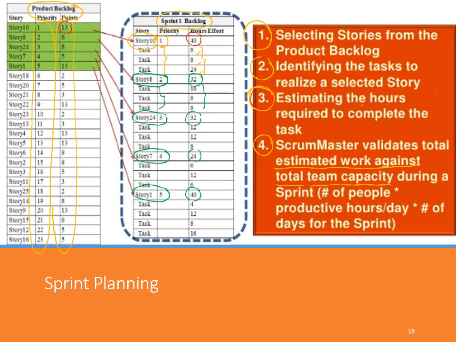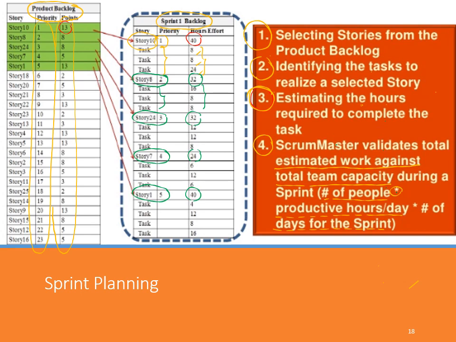So actually you can know, right, if you estimate the number of hours, you know how many people you have in the team. So number of people times productive hours per day times number of days per sprint. This should be the total hours of the sprint backlog for the effort that we can have for all stories.